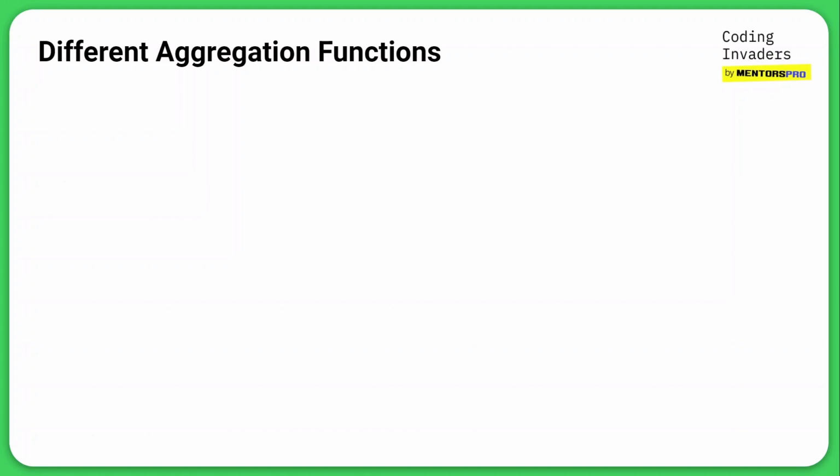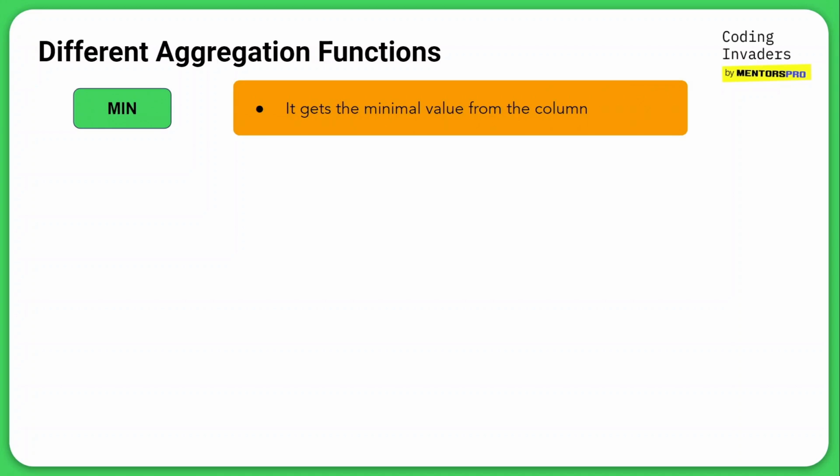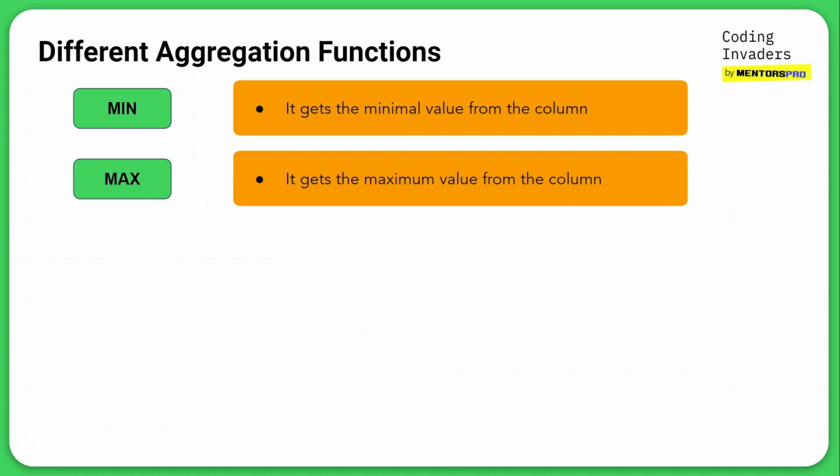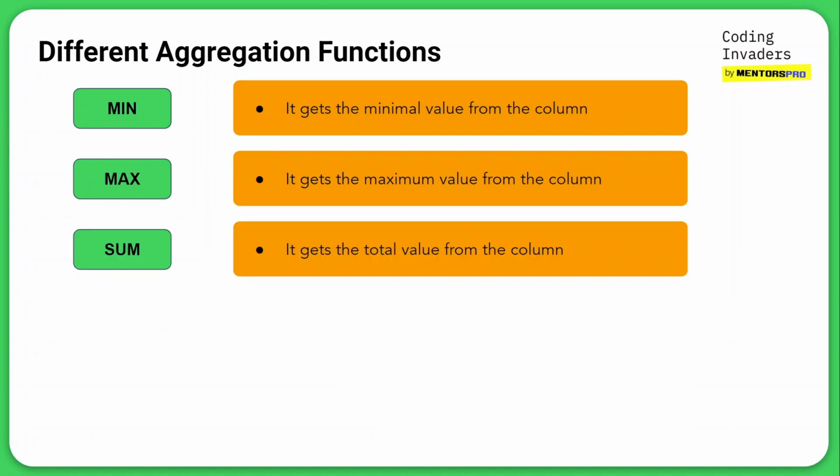To summarize, in this lesson we learned about various aggregation functions. Min is the keyword which is used to get the minimum value from the column which is specified. Similarly, max keyword is used to get the maximum value.